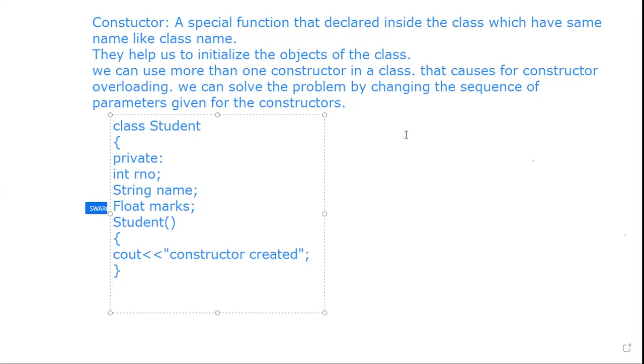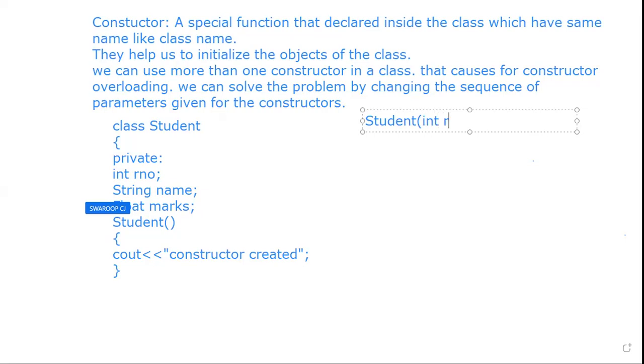Next, here I'm writing the second constructor, student. This time I am using the parameters int r, comma, string names and float marks. Okay, right. So this is one constructor I'm defining.